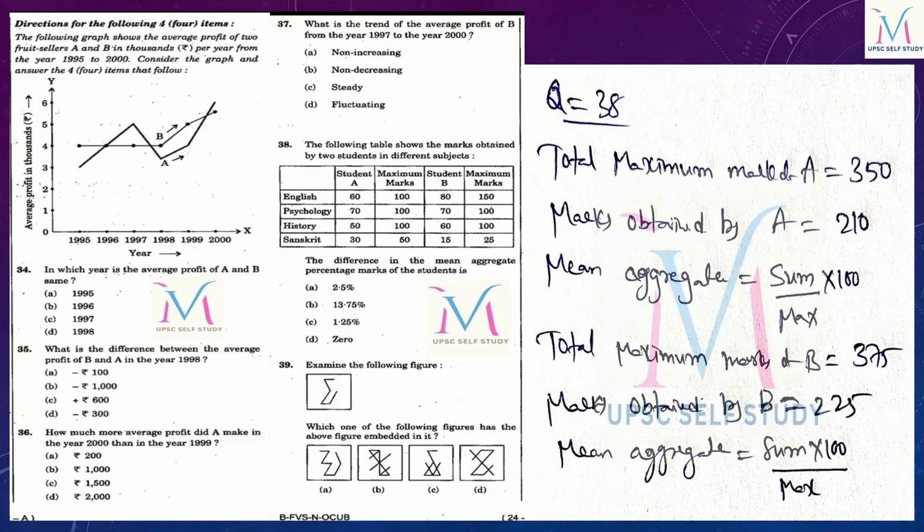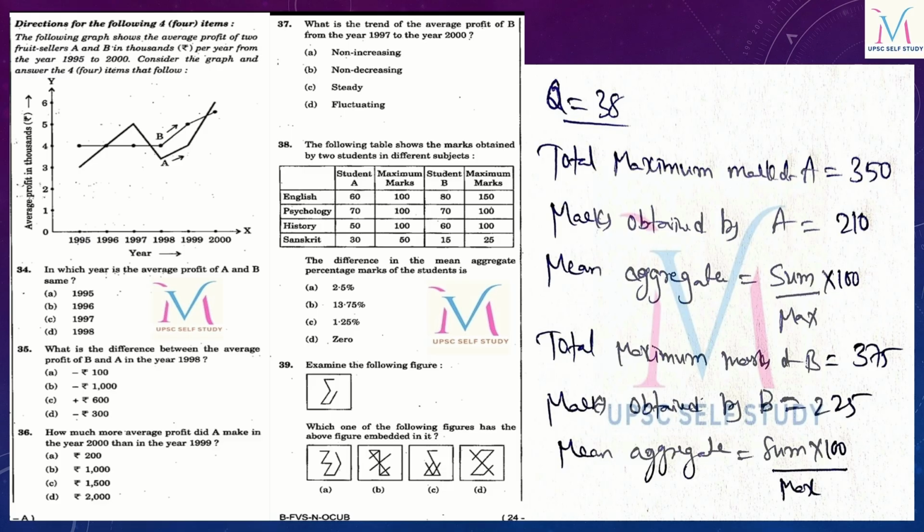Coming to the 37th question: what is the trend of the average of B from the year 1997 to 2000? This is regarding B from 97 to 2000. In 97 it is 4000, right?